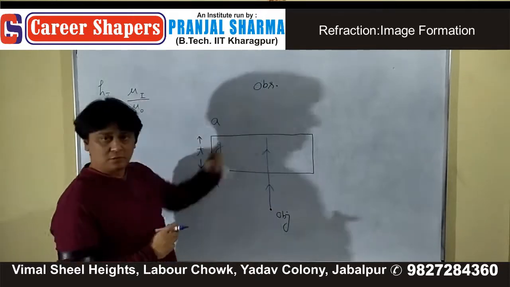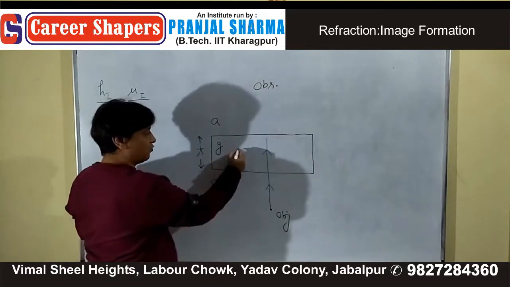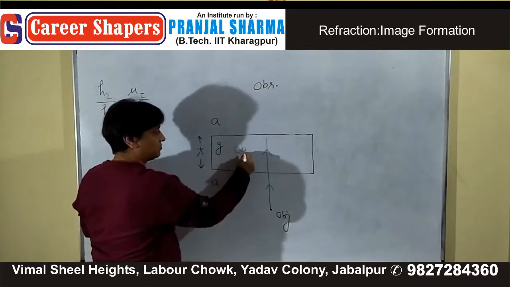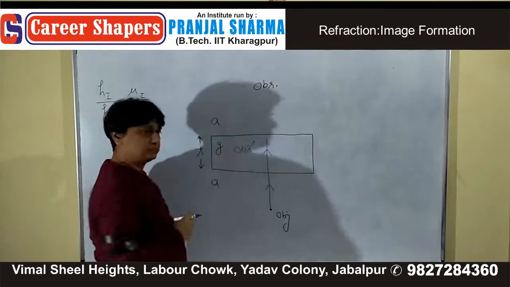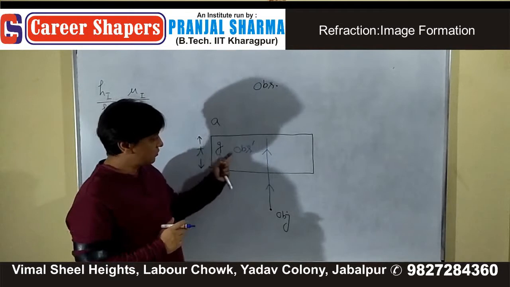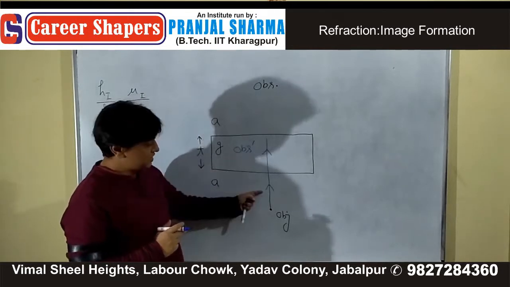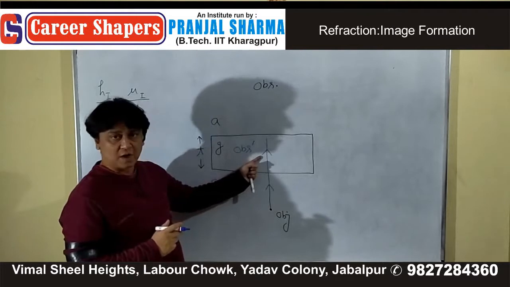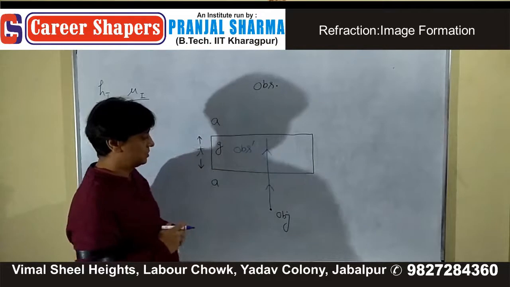Let's not take it out right now. Let's say we have another observer. Let's call it observer dash. Let's find out things for this observer dash. So this is the incident ray, this is the refracted ray, which will be observed by this observer dash.